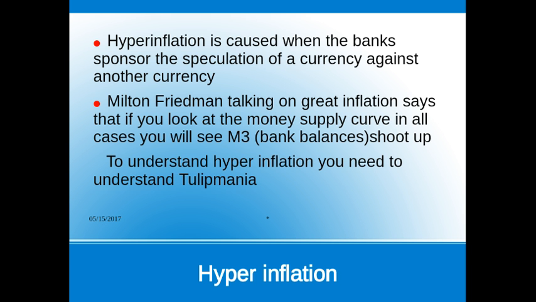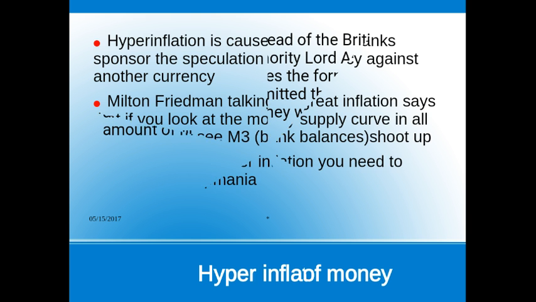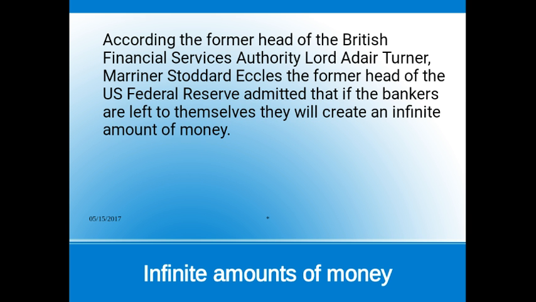And also, to understand inflation, you need to maybe look at tulip mania, which was something that happened in the 1600s in Holland. We'll do that just after looking at this quote from Lord Adair Turner, who was head of the British Financial Services Authority.